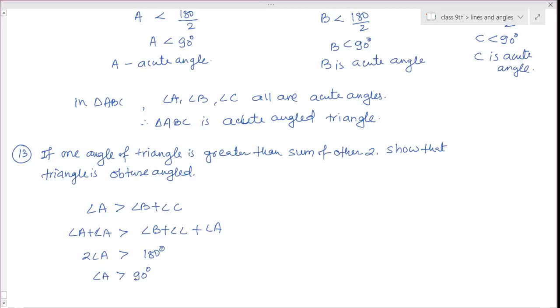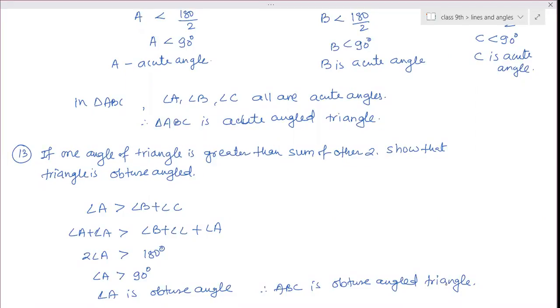That means angle A is an obtuse angle. Therefore, ABC is an obtuse angled triangle. Okay? Clear?